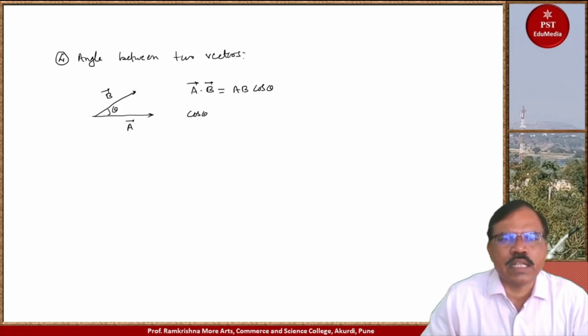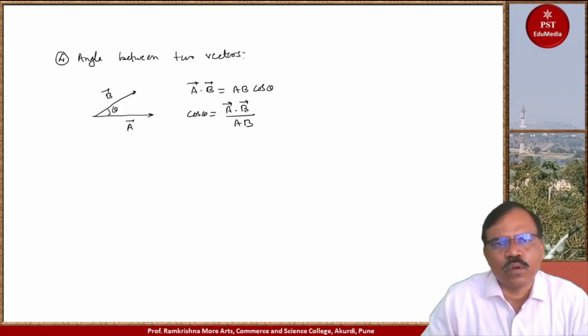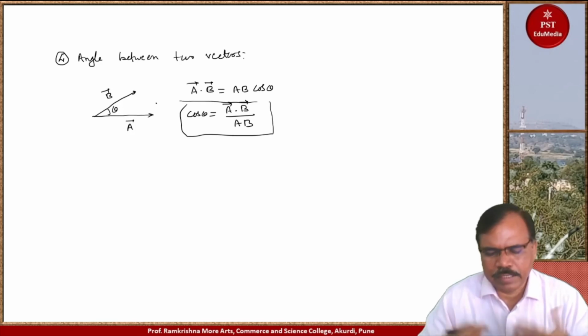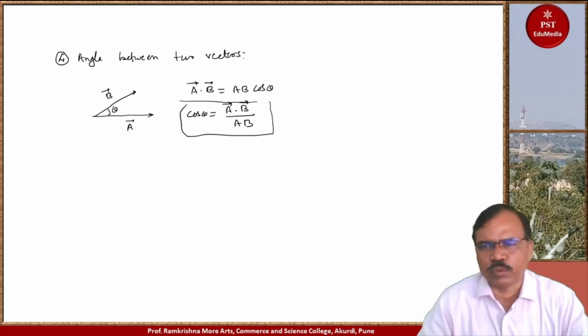So cos theta is equal to vector A dot vector B upon AB. Okay, so theta is equal to cos inverse of this. We will see this later on. We will take some examples also.